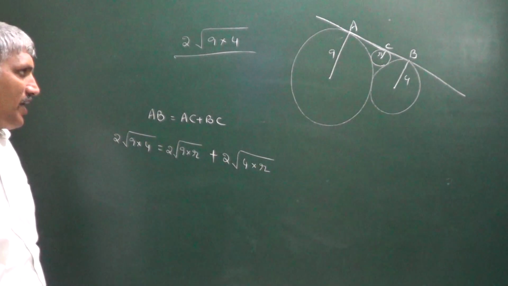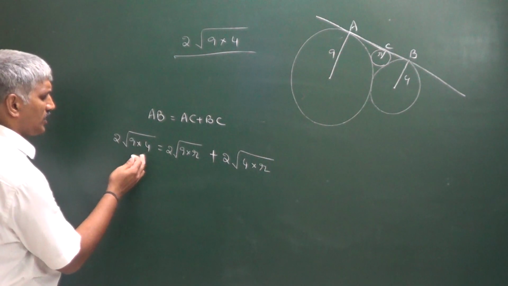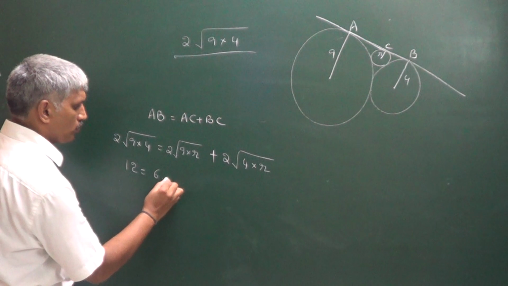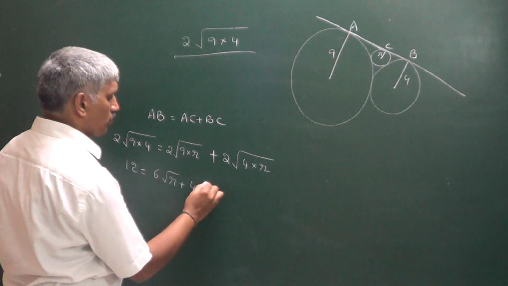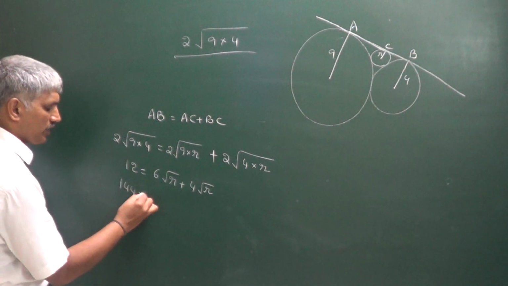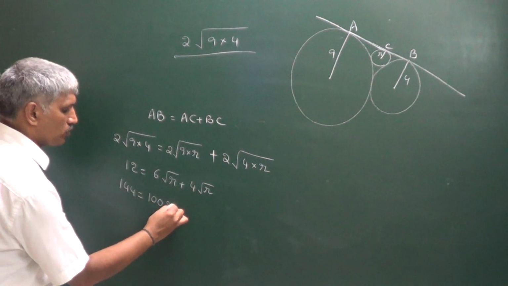Now from this we can find the value of r. This is equal to 2 times root of 9 times 4, which is 2 times 6, that is 12, equals 2 times 6 into root r plus 2 times 4 into root r... Therefore we get 12 equals (6 plus 4) root r, that is 10 root r, so root r is 12 by 10.